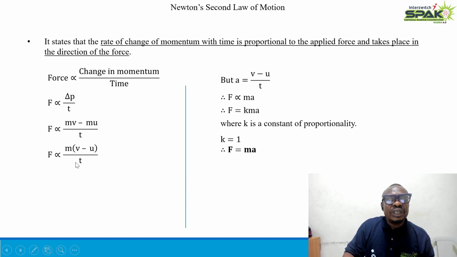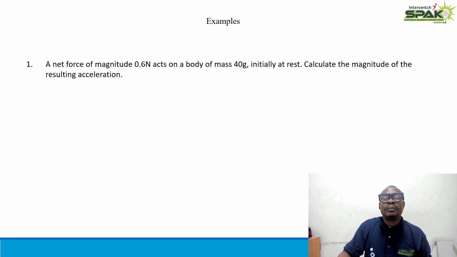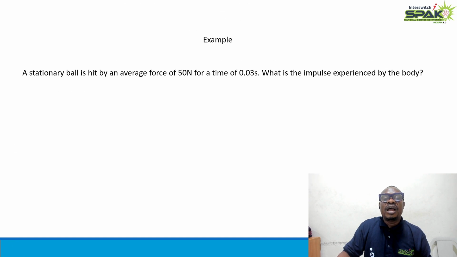Now this relationship is very much important when it comes to application of impulse or application of Newton's second law of motion. So we use this relationship to explain or to interpret the application of Newton's second law of motion. So let's go back and see the application, what we have there, for further explanation.